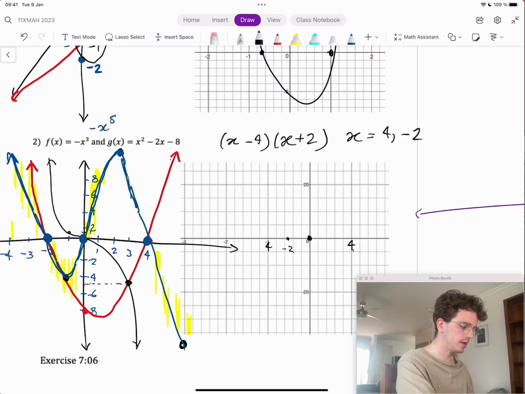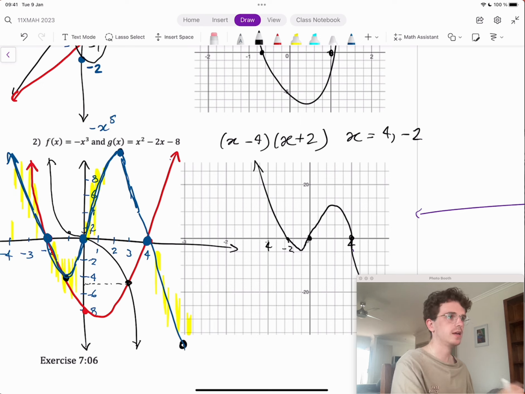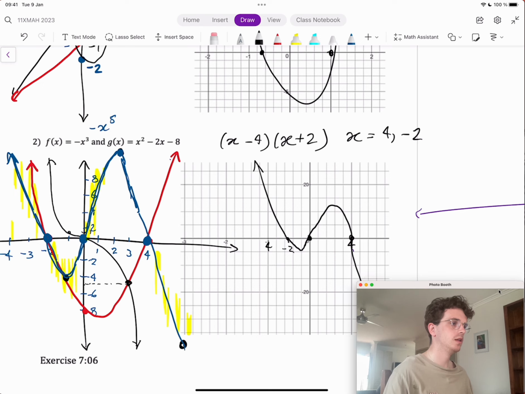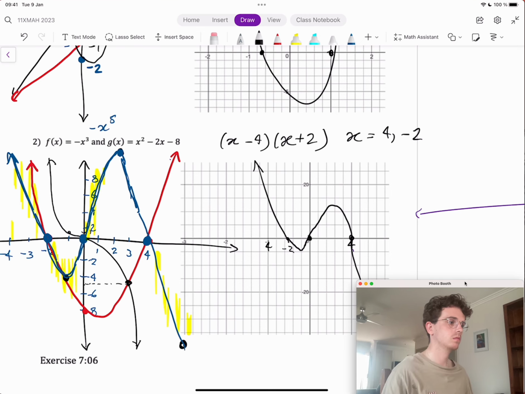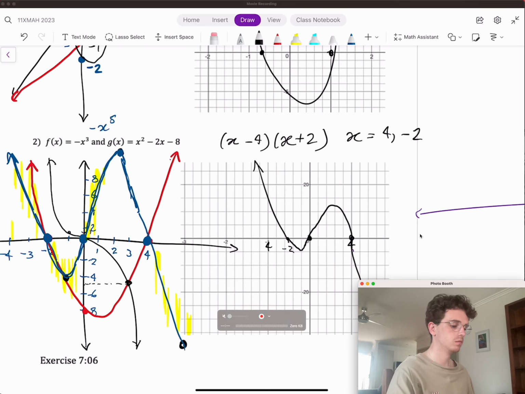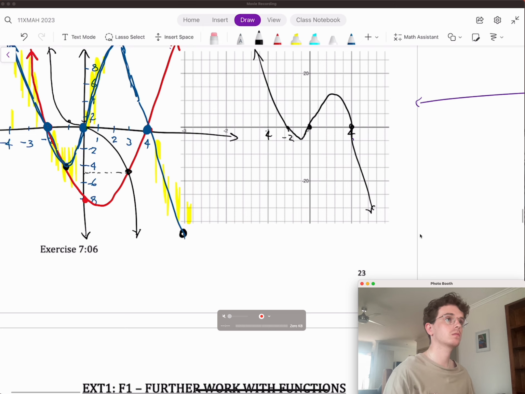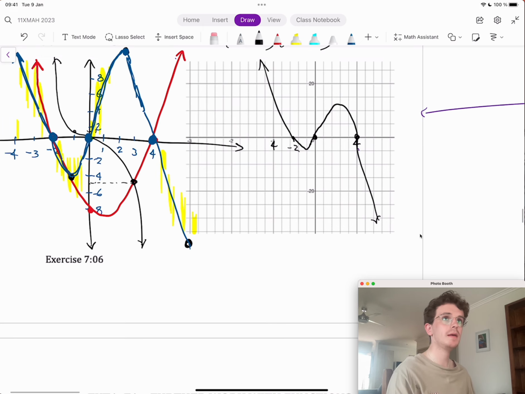So it looks a bit like this. So our graph looks something like that. I'll just move that away. So our graph looks a bit like that. Okay, I hope that makes sense.